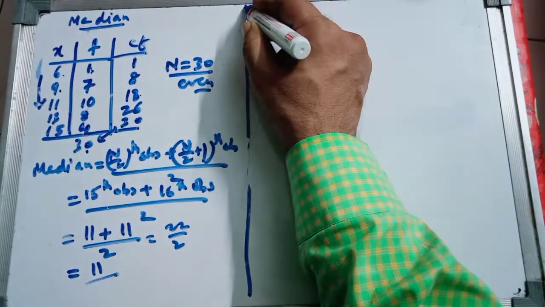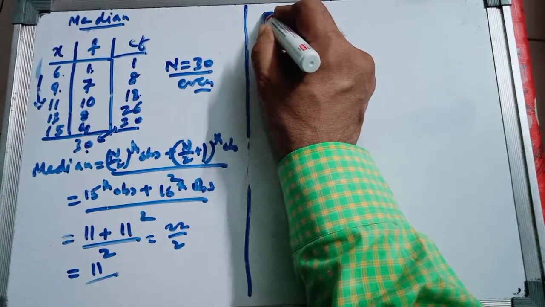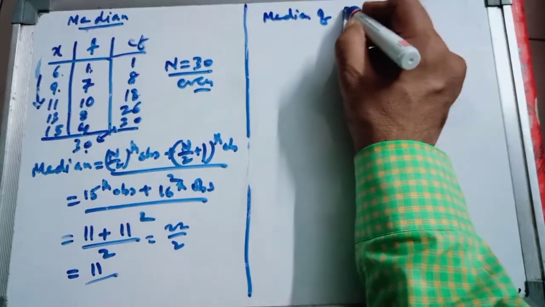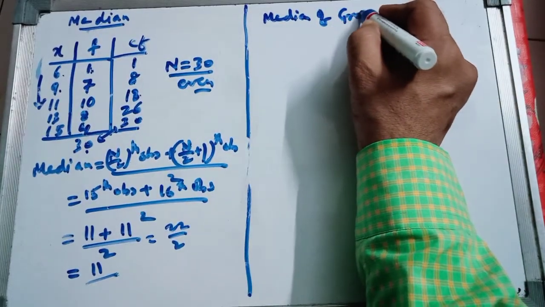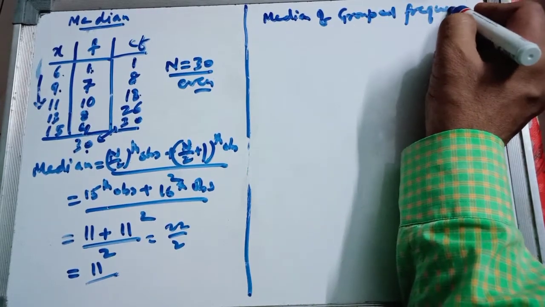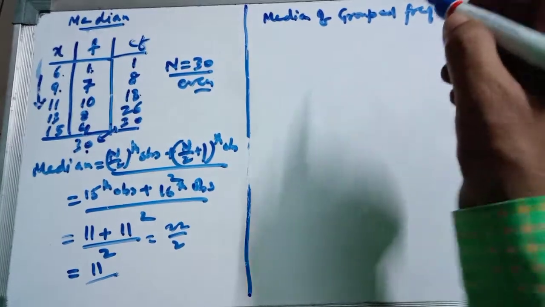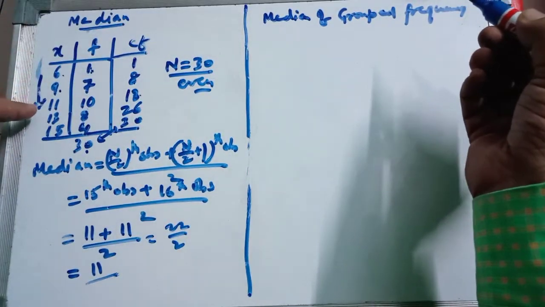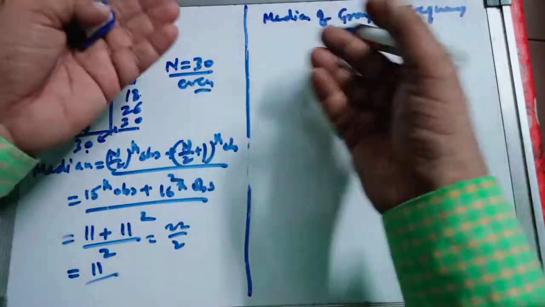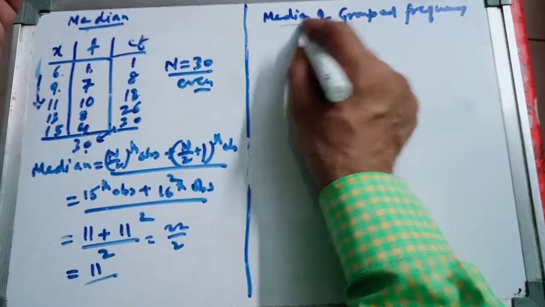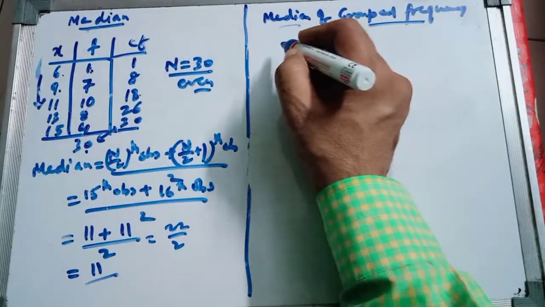Median of grouped frequency table. Grouped frequency table means classes and frequencies are given. Here one number was given, so it was easy to find the number. But when a class is given, which number will we take in that class? So there is a different formula to find the median of the grouped frequency table.